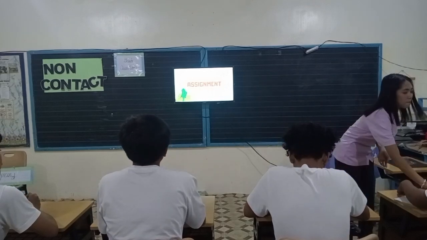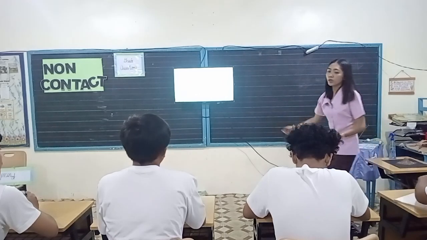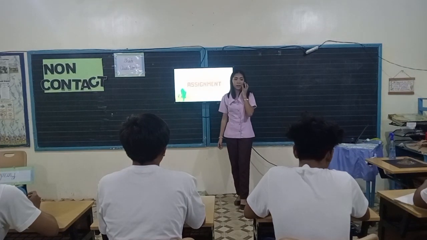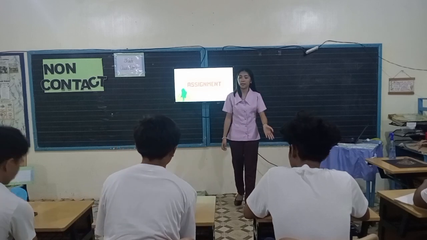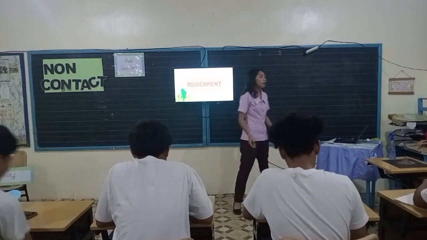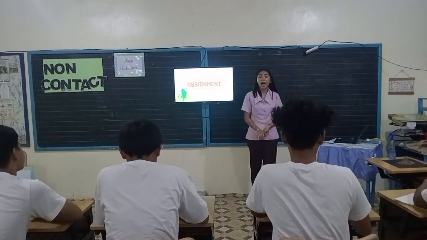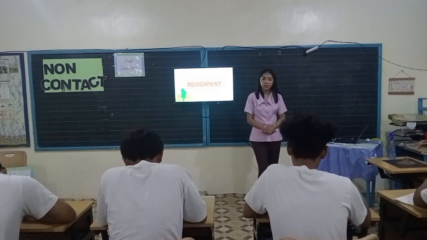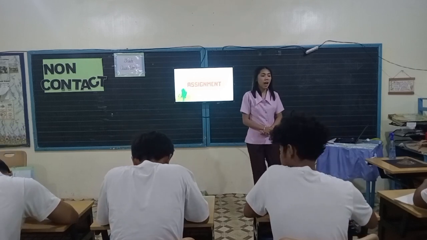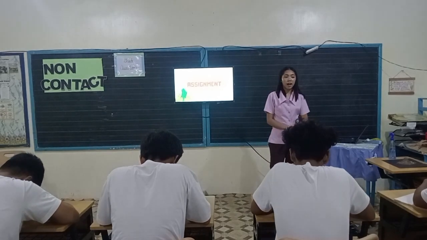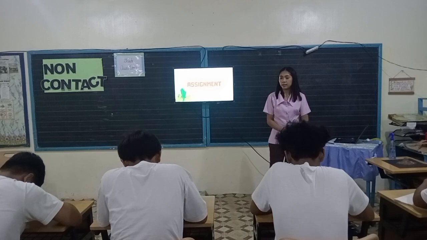For our assignment, I want you to bring out your notebooks and write what I will say. I will say it verbally. Find three things at home or outside that are affected by gravity.